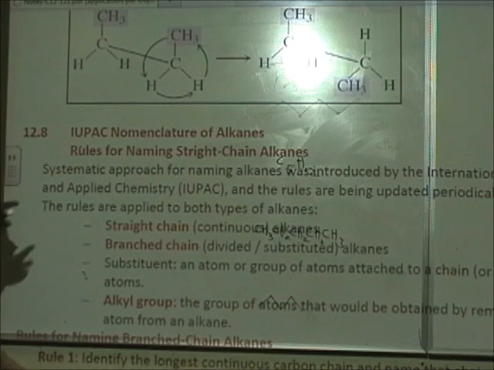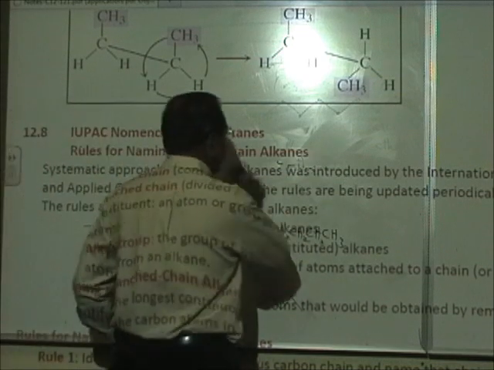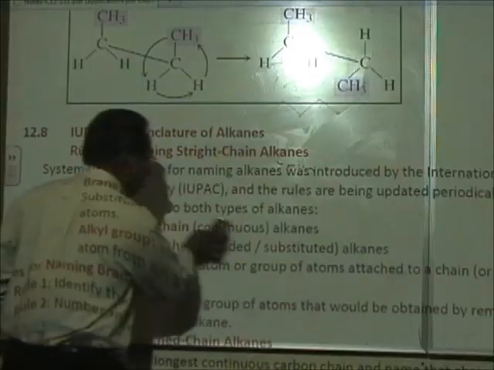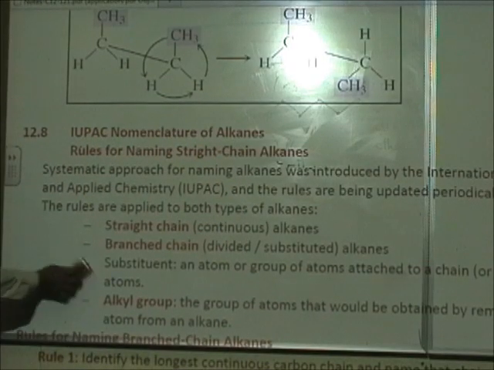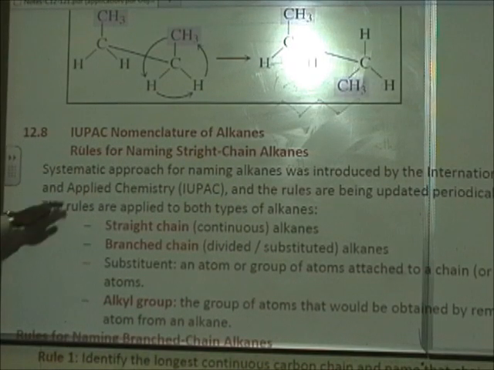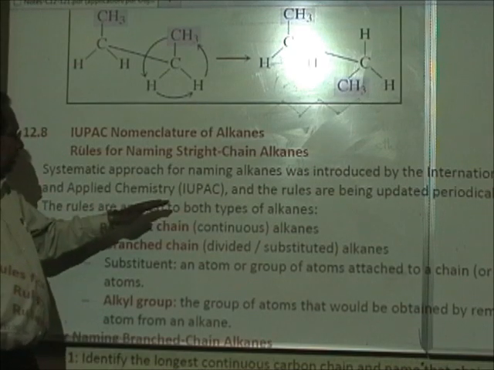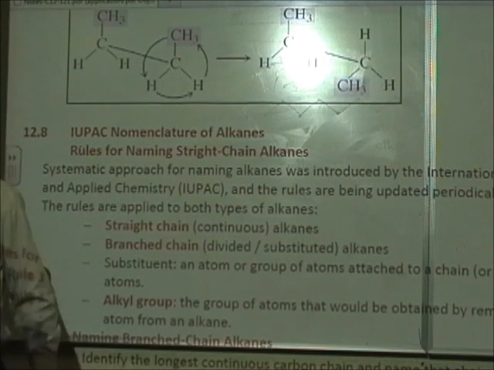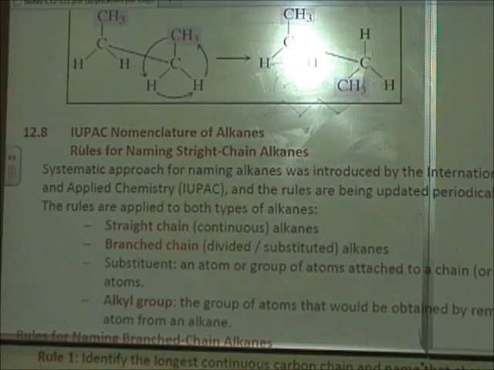Here, IUPAC nomenclature. Nomenclature is naming. What we do is we have a committee formed by all the scientists in the world, representing different countries. Okay, so they agree upon how we name stuff.